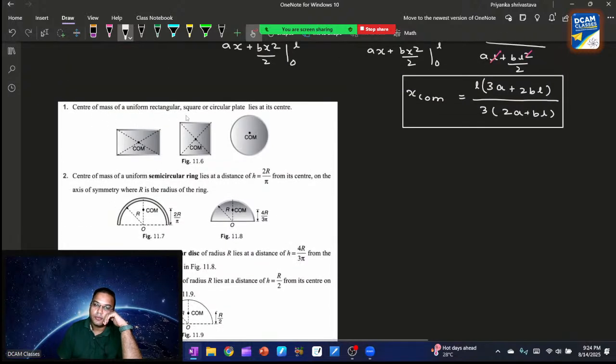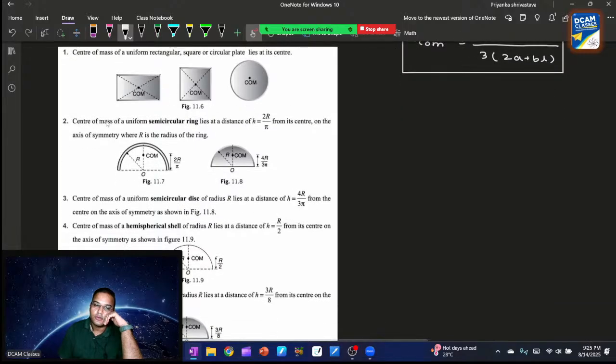The center of mass of a uniform rectangular, square or circular plate lies at the center. This you already know. For a semicircular ring, this result is important: the center of mass lies at 2r by pi from the center. If you want, I can show you how it came. For a solid body, it is 4r by 3 pi.